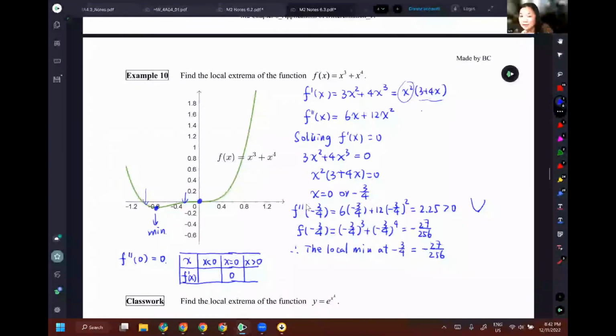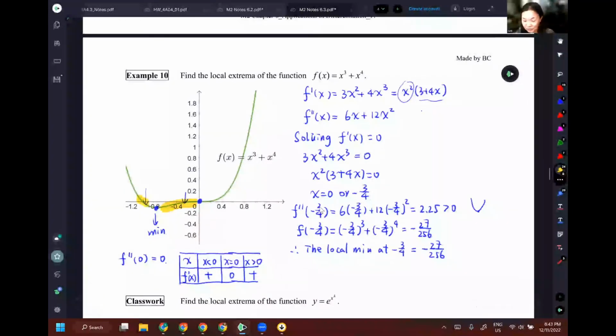Here you should use maybe negative 0.1 to test. The key is do not go far past another stationary point, because you're testing the other side. I'm testing the derivative here, and I do not want to test the derivative there.